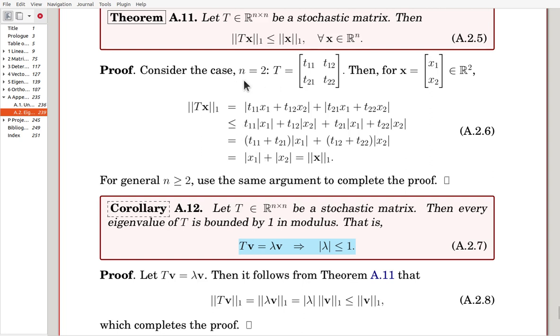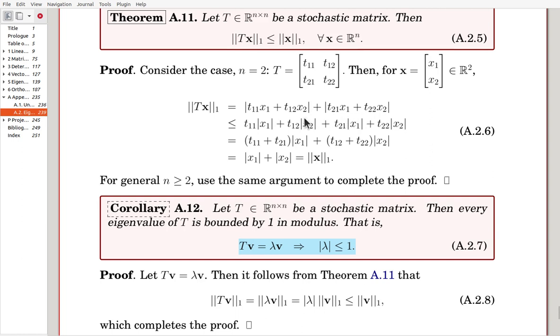Okay, n is 2, then T can be written in this way explicitly, and x has two components. Now Tx will have two components. Here, the 1-norm of Tx is the addition of absolute values. For the first component, here we have an absolute value, and the absolute value of the second one.